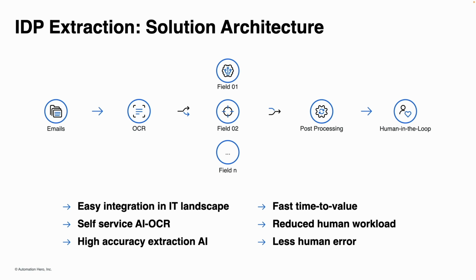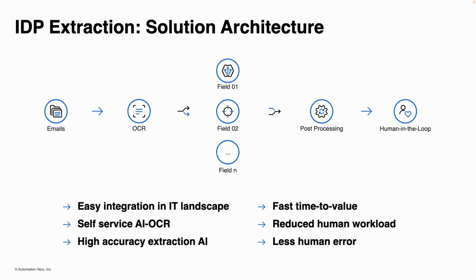It is all self-service, and the accuracy of the OCR and of the AI is very high. The time to value as an automation designer, as you have seen in the demonstration, putting together the logic, the functions and the AI and combining everything, is very agile and very quick. So you have a fast time to value.